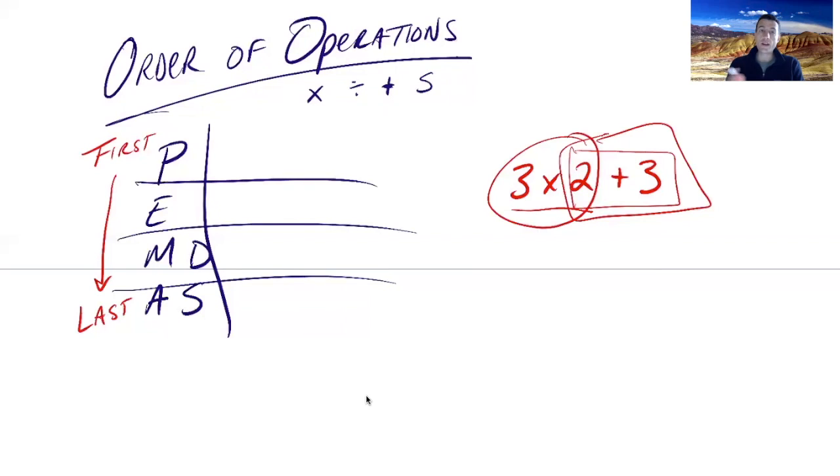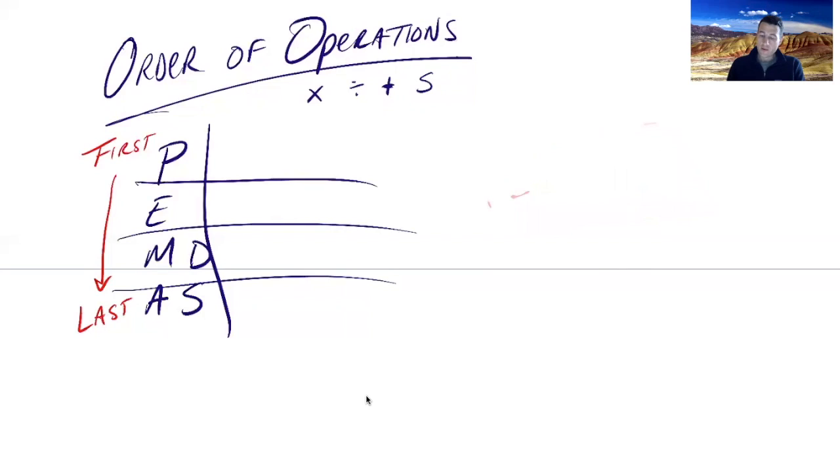So they said, we need a kind of rule book or an order for these operations to be done, or people will just be confused. They'll make up their own answers. All right. So the first thing we need to remember is the P stands for parentheses. Okay.